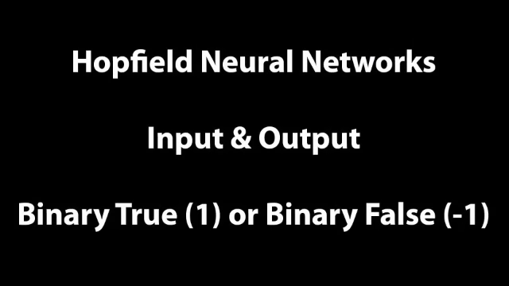We need to convert the binary numbers into this range. Usually this is done using bipolar numbers. Bipolar numbers have 2 values, usually a negative value and a positive value. Converting between binary and bipolar is very easy. Binary 0 or false becomes -1 bipolar. Binary 1 or true becomes +1 bipolar.